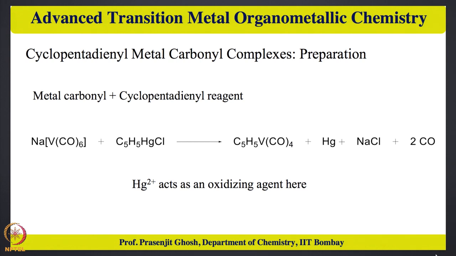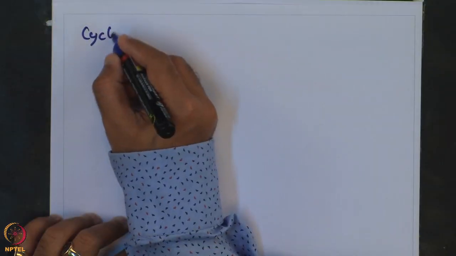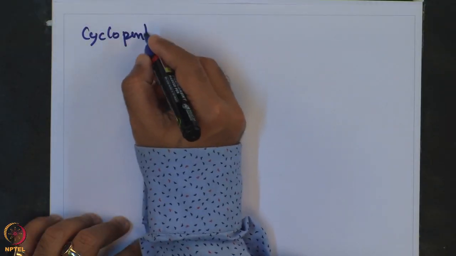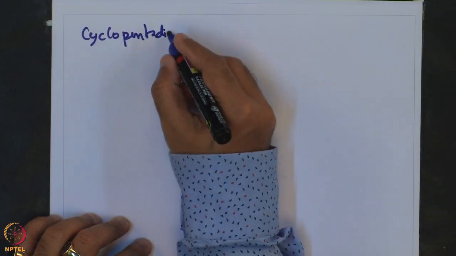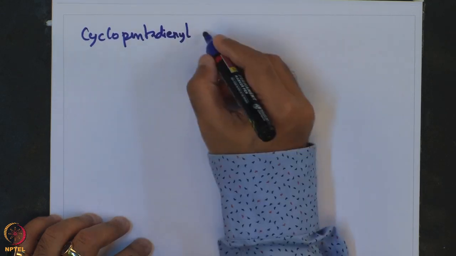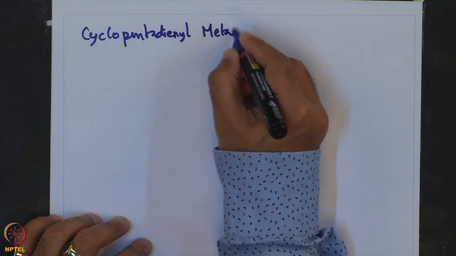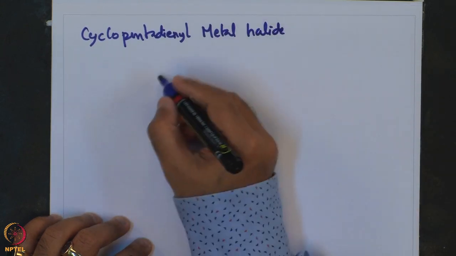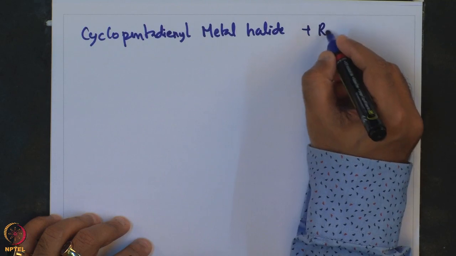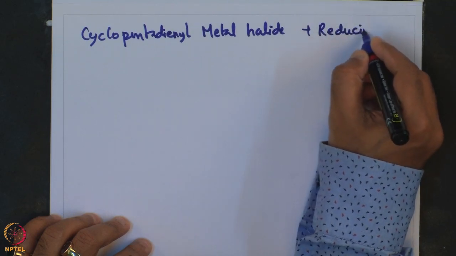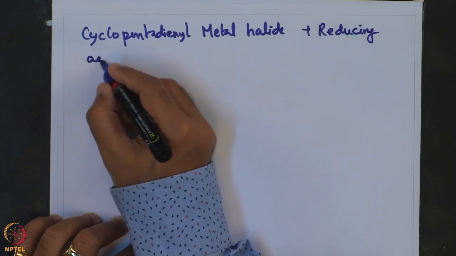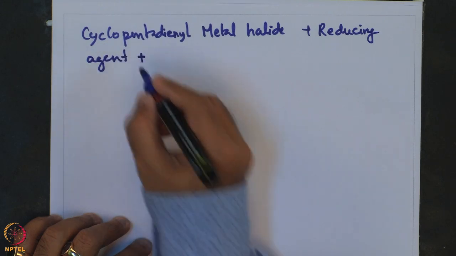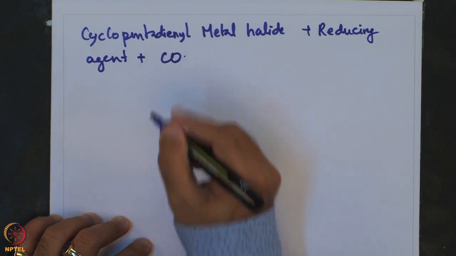So, the next method involves metal halide plus reducing agent plus carbon monoxide.